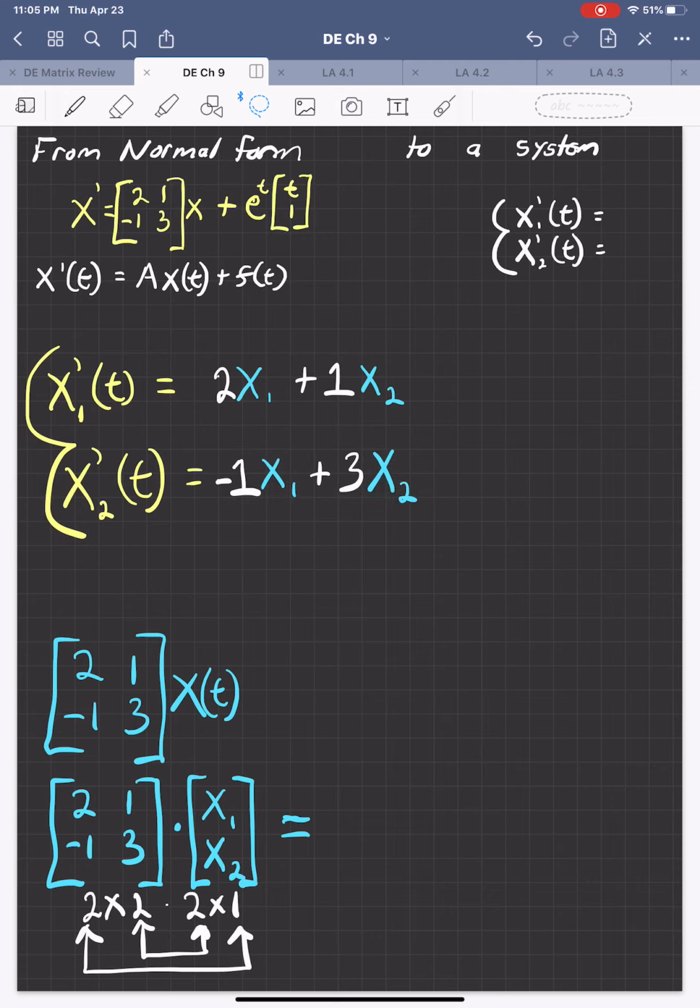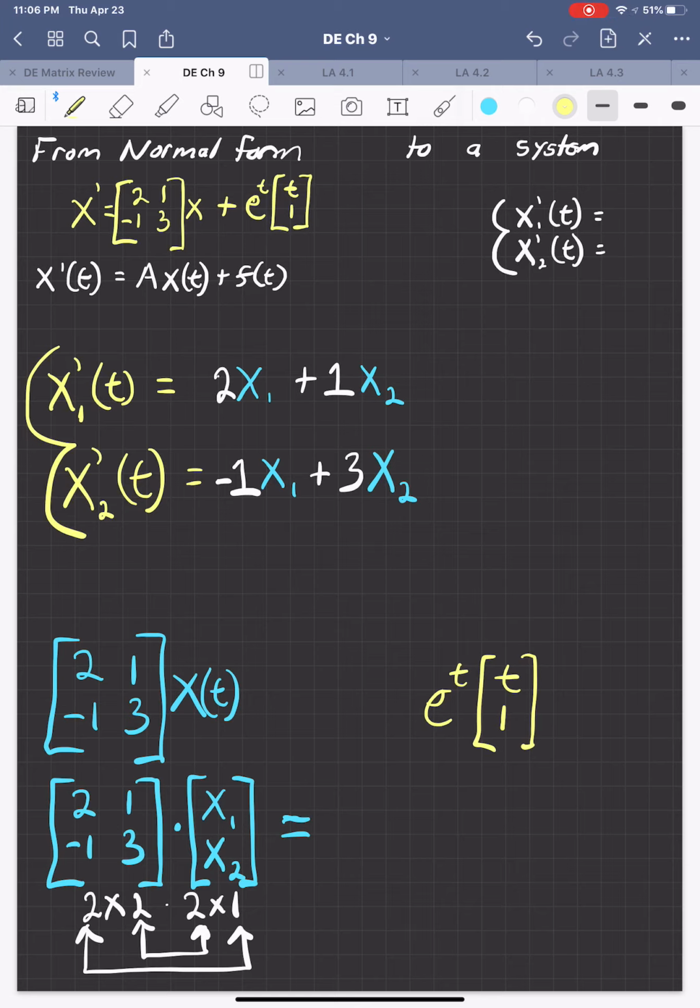All right, but we still need to figure out how do we interpret the f of t portion. So we're going to do that right now. So for the f of t, we have e to the t, and then vector t and 1. Well, again, you are just multiplying. Okay, it's as simple as that.